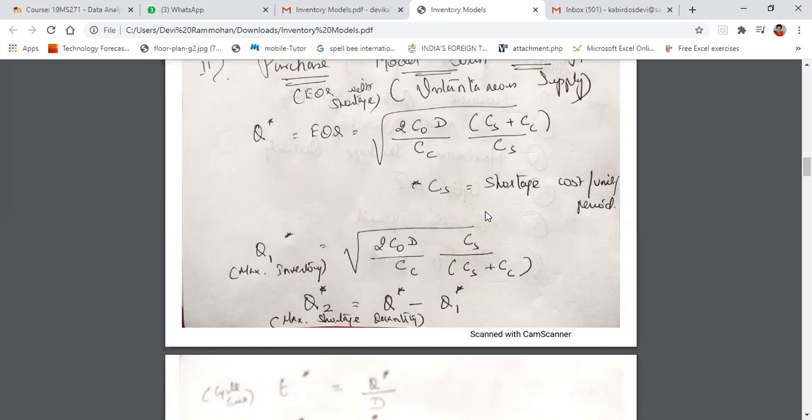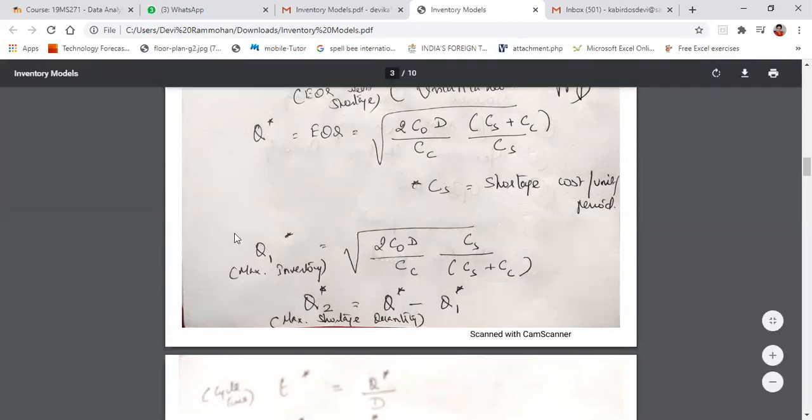Normally, where you don't keep stock and you place an order for the material with shortages, we call it back ordering. Here there are two things you must understand. One is you are going to identify the economic order quantity, and another, when there is a shortage, you need to identify the maximum inventory and the maximum shortage.